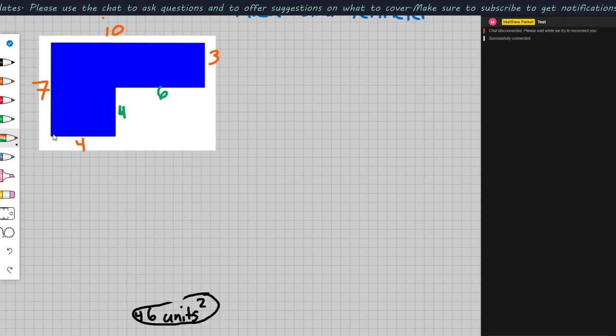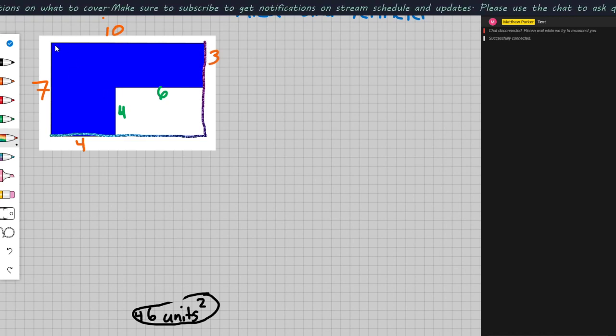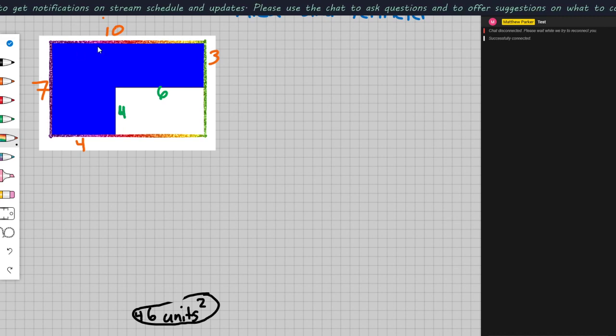So this one, pretend like this whole shape is back together. It's really just colored so you can see the pieces. If it was back together, we would just have a rectangle, right?